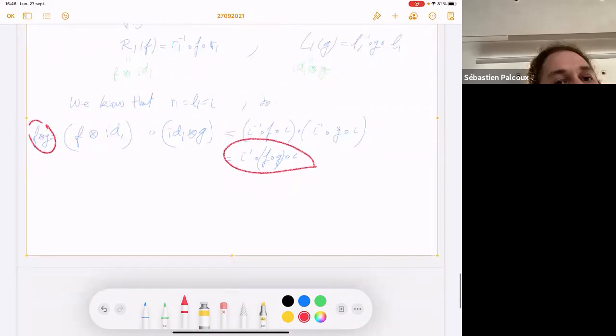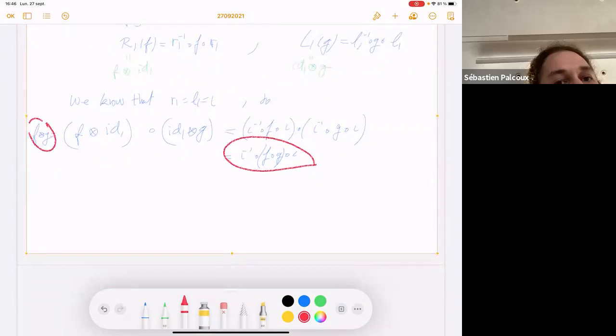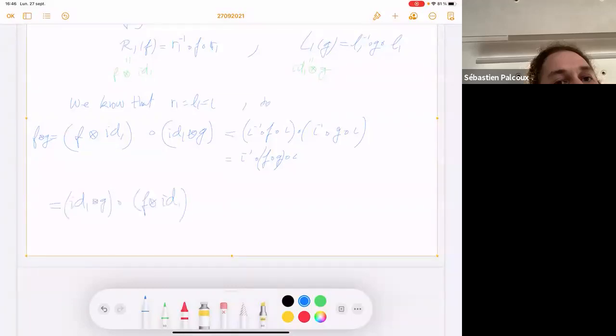Now this is also equal to, in fact, ID1 tensor G composed with F tensor ID1. This is the same thing. And so you get this is equal to iota inverse, compose G, compose F, compose iota.